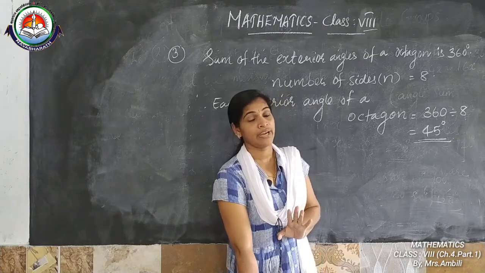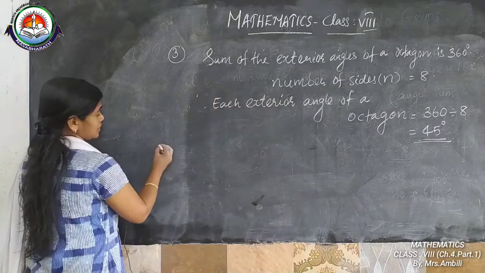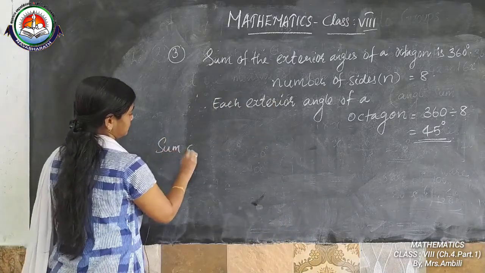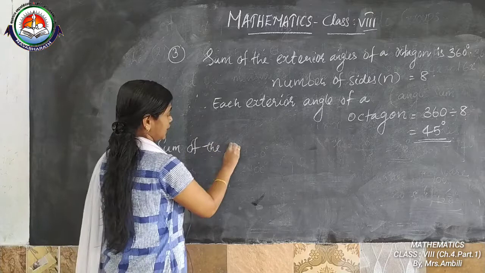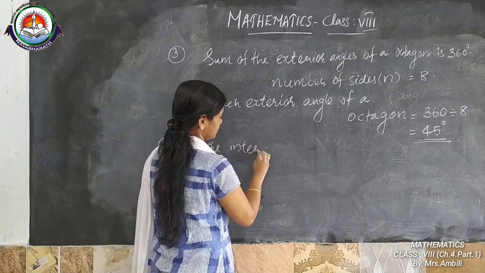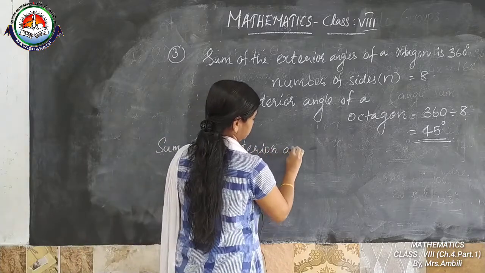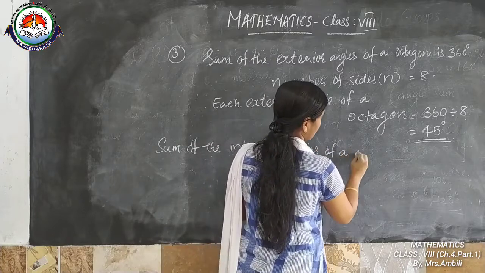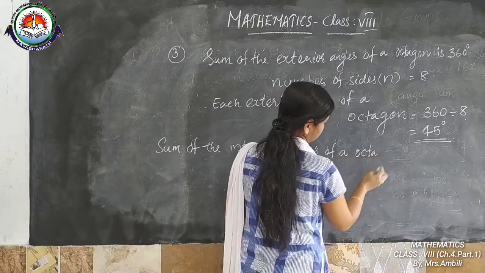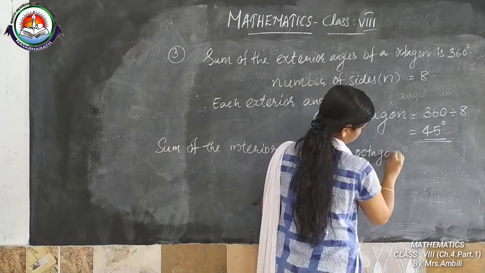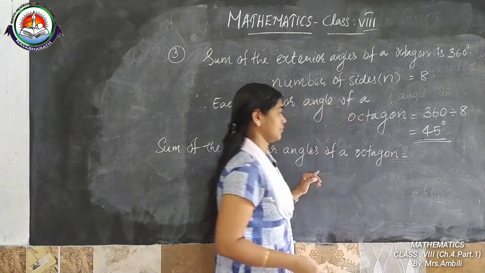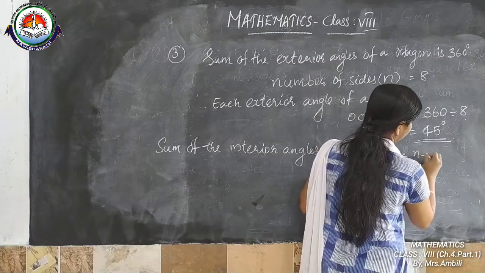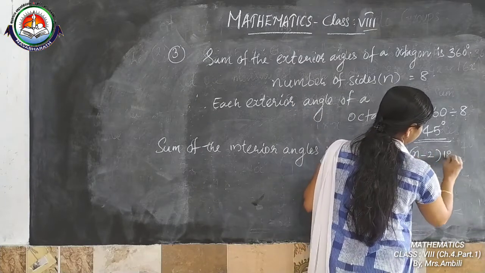Okay. Then we need to find out each interior angle also. Sum of the interior angles of an octagon: n minus 2 into 180 degree.